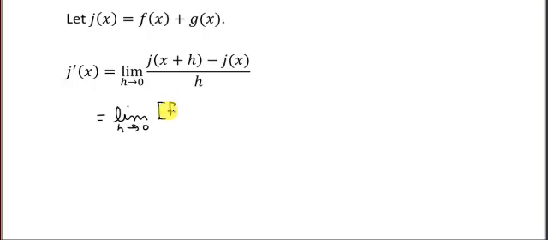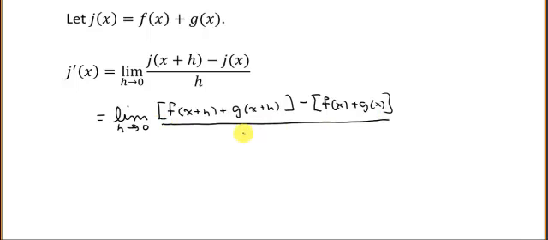So that would be f of x plus h plus g of x plus h minus j of x, which is f of x plus g of x. And this is all divided by h.